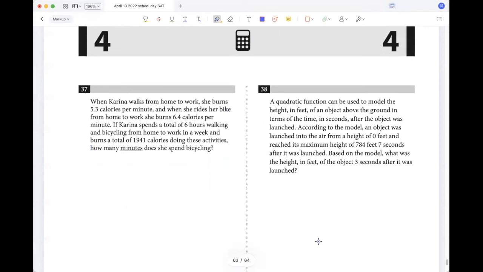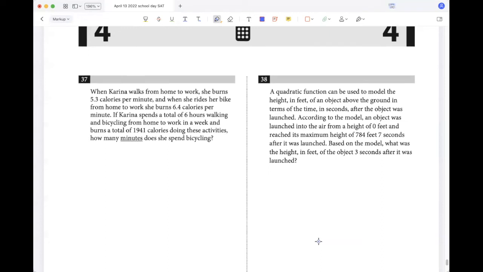Okay, when Karina walks from home to work, she burns 5.3 calories per minute. When she rides her bike from home to work, she burns 6.4 calories per minute. If she spends a total of 6 hours walking and bicycling from home to work in a week and burns a total of these calories, how many minutes does she spend bicycling?